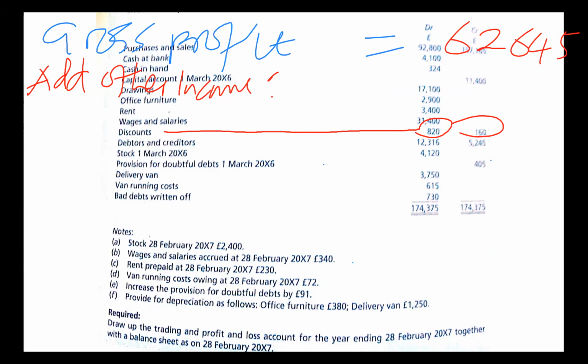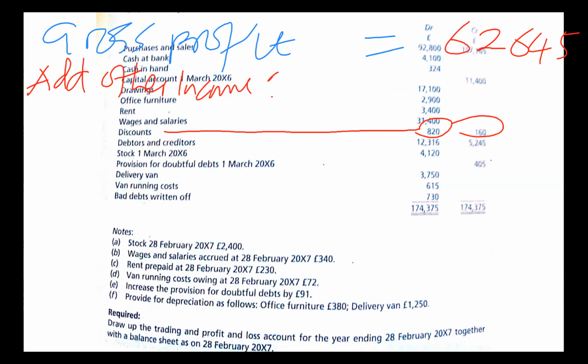So which one is a discount received here? Between this one, which is on the debit, or which is on the credit? Which one is received? All right.